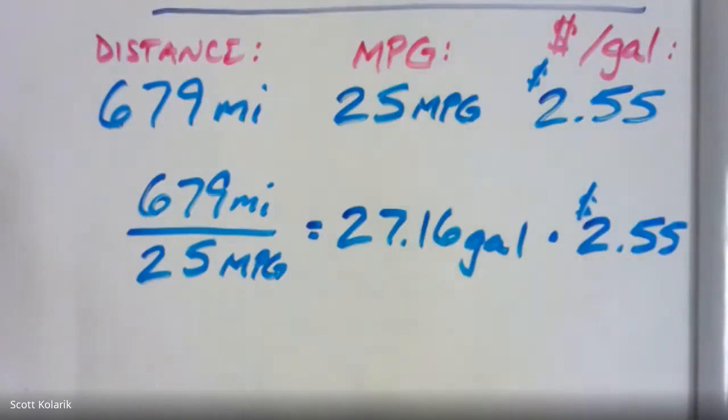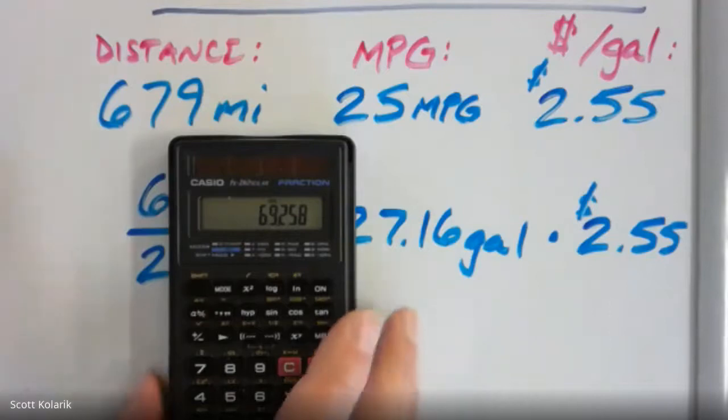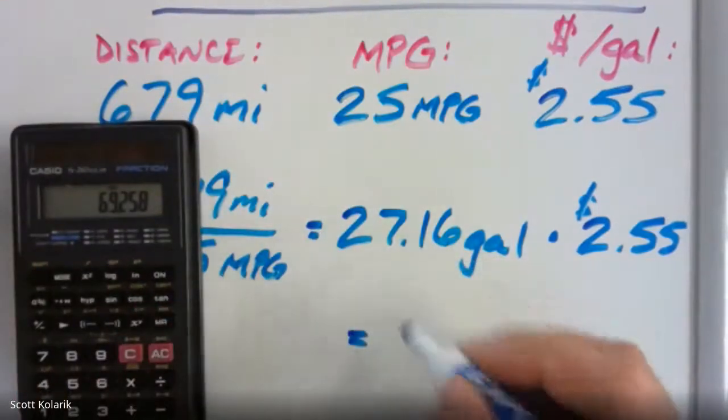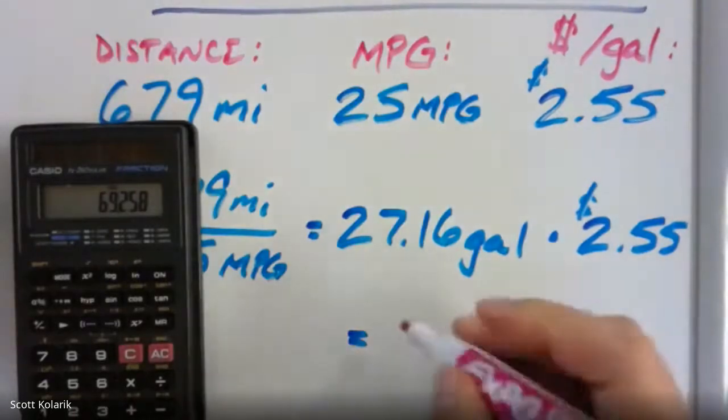Multiply these two together. So again, I still have that 27.16 from my last calculation. I now multiply it by $2.55. I get 69.258. I obviously don't need that many decimal points when I'm talking about money, so I only need to go to the hundredths place. This will be $69.26 once it's rounded.